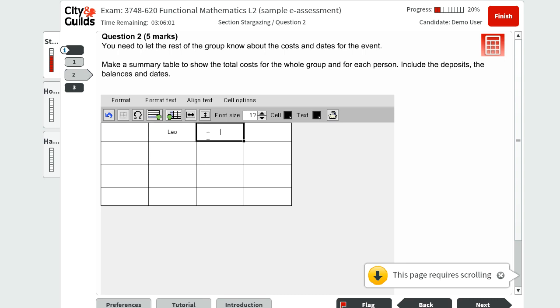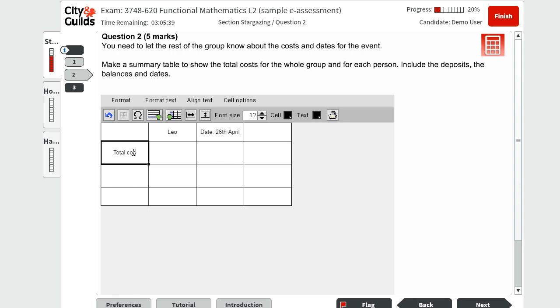Date of the event is the 24th, if I'm not mistaken. 26th April. And then here we'll have to put down the total cost for the group.